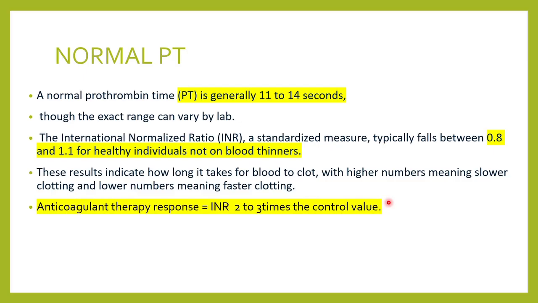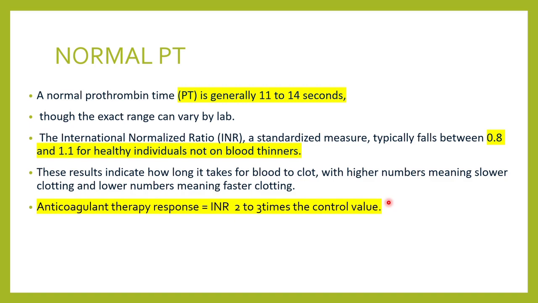So to standardize this, we have something called the International Normalized Ratio, INR. We will study INR in detail, but remember this INR is a standard measure and it should be within 0.8 to 1.1 in healthy individuals who are not on any kind of anticoagulant therapy, blood thinners, etc.